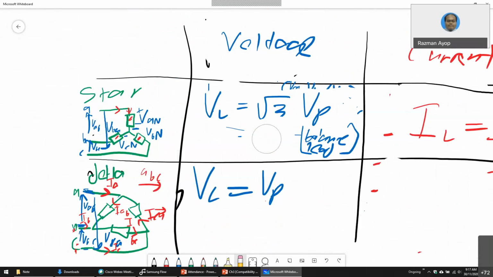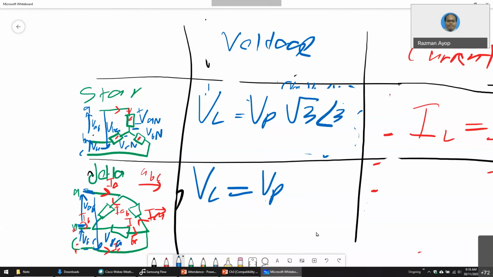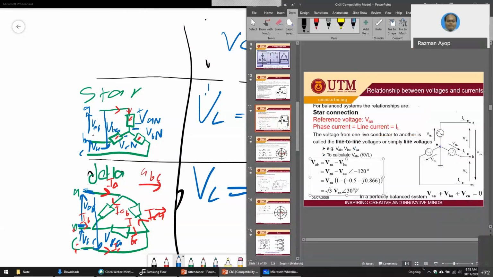Let me repair this a little bit. V line is basically V phase times square root 3 angle 30 degrees. Sorry, this is the real one, because you have to consider the angle.